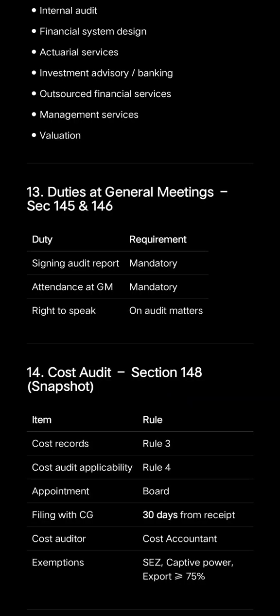Exporting: if a company is exporting greater than or equal to 75%, then there is a cost audit exemption, not the complete audit. Section 148 is cost audit. This is all about chapter 10, auditors.